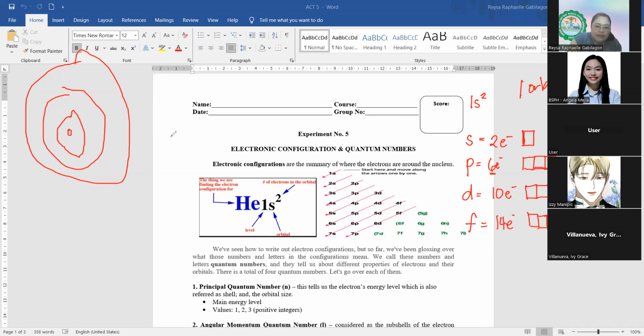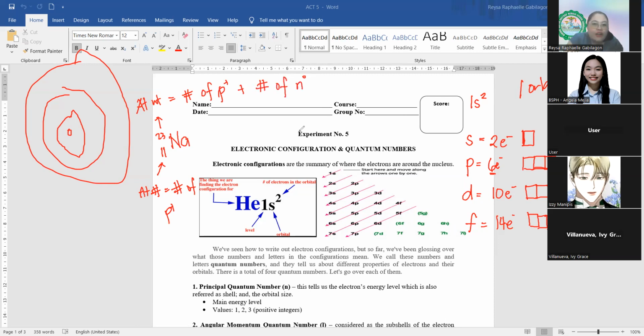So, let's have an example. Example, we have the sodium. Sodium is 11 23. 11 is the atomic number, 23 is the atomic weight. So sa ating activity number 2, we learned class na when you say atomic number, this represents the number of protons, while the atomic weight or the atomic mass naman represents the sum of the number of protons plus the number of neutrons.